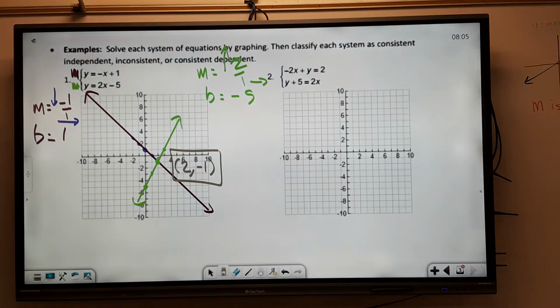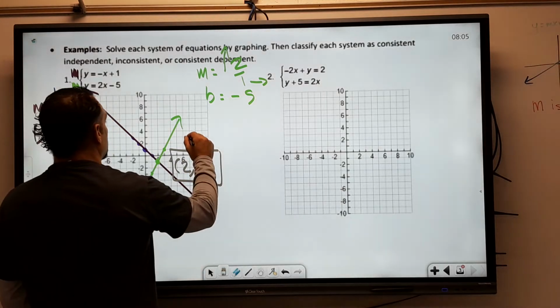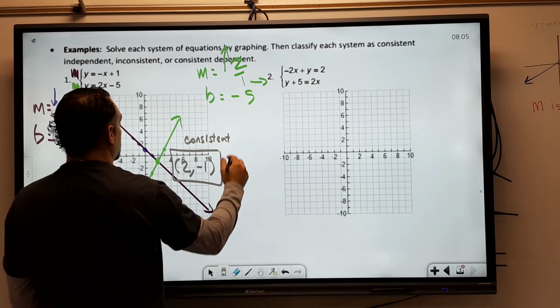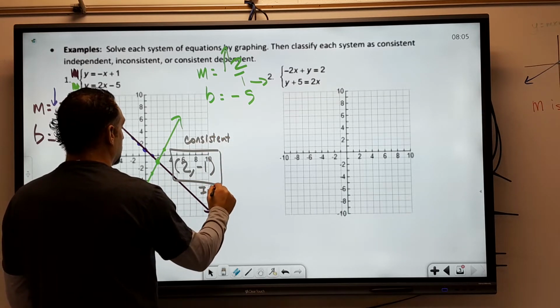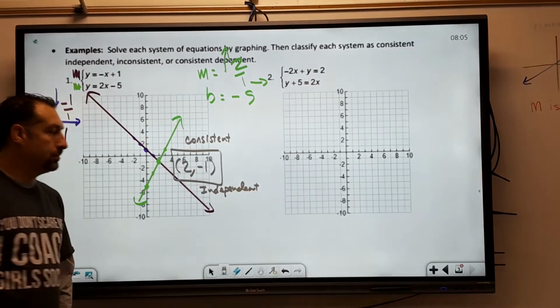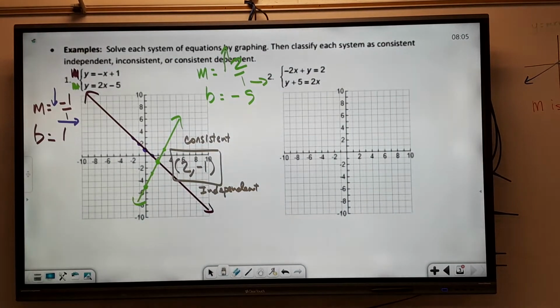It is consistent and independent. Everybody good?